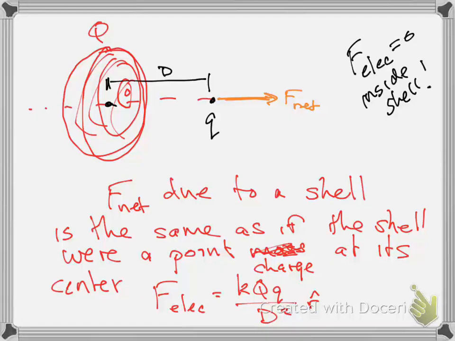So Newton's shell theorem holds for point masses and spherical masses, and point charges and spherical charges in the exact same way. So we know that the electric force between spheres of charge is k Q q over r squared, given by Newton's shell theorem, or you could say given by Coulomb's law, because a shell or sphere acts like a point. And Coulomb's law is for 2 point charges.